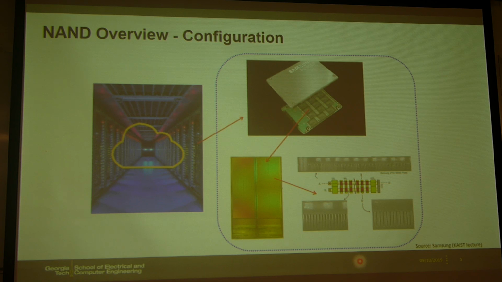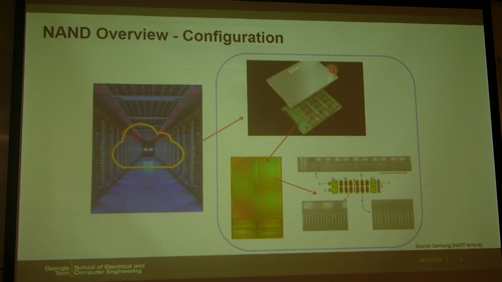Okay, so let's look into the NAND configuration. This is the data center, and there are many SSDs here. If we look into just one SSD, there are many NAND Flash packages. If we look into one package, there are sometimes 4 or 8 NAND chips packed in just one package.